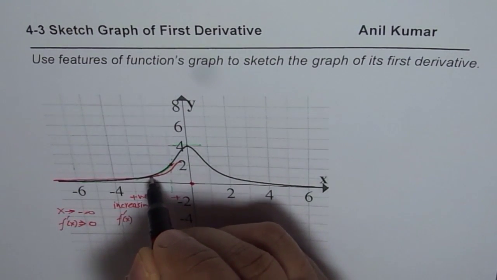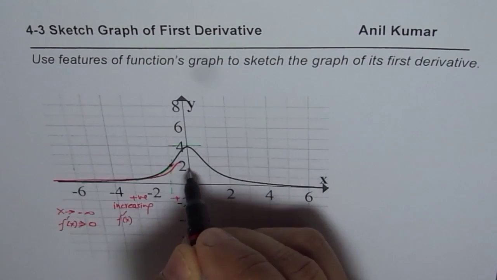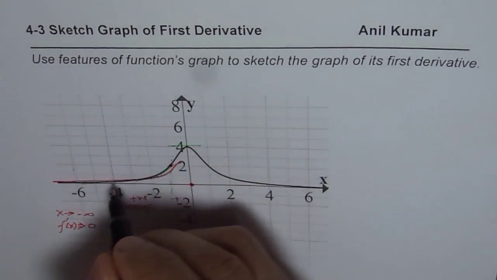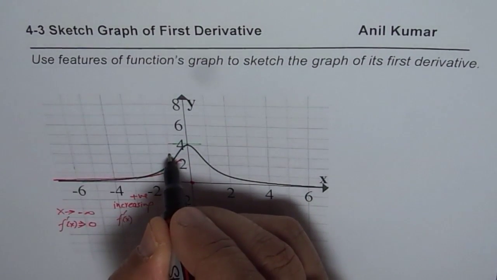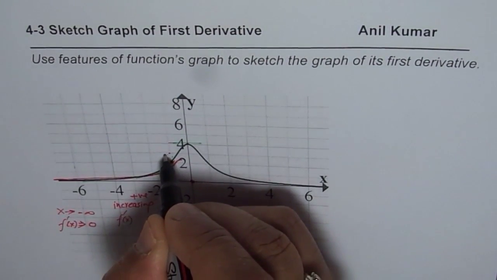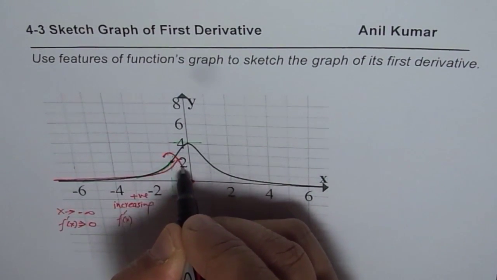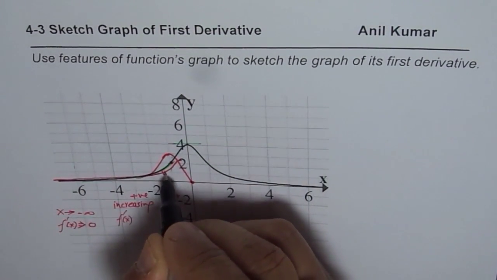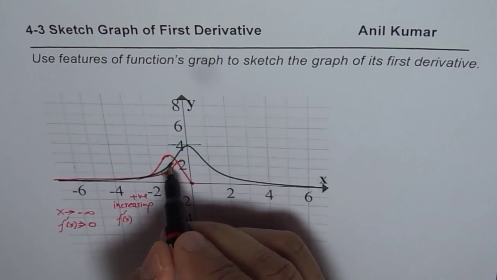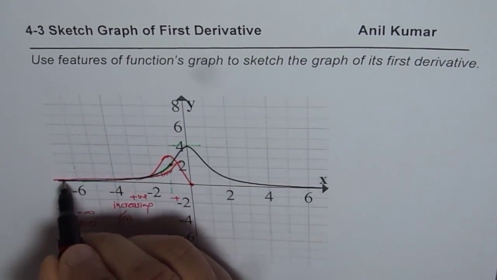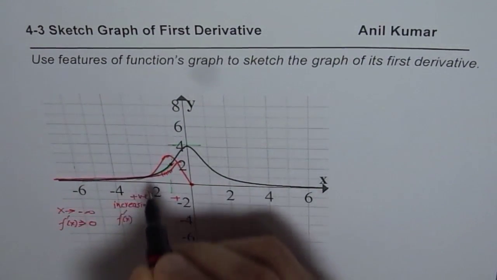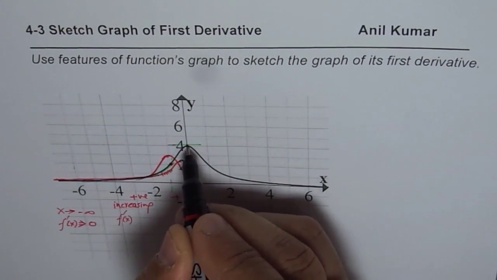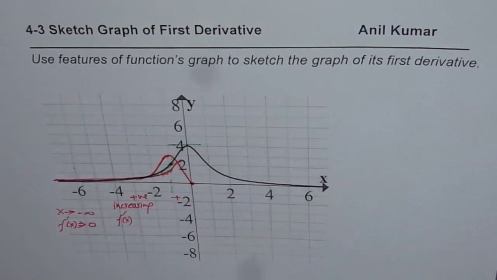So let me redo this. What I will do is we have to have a maximum here, so we'll say this turns like here. So let this be my graph. Not this one, because I want to have a maximum here, right? So the graph is increasing, and it goes to a maximum at this point. It is still positive, but it becomes 0 there.